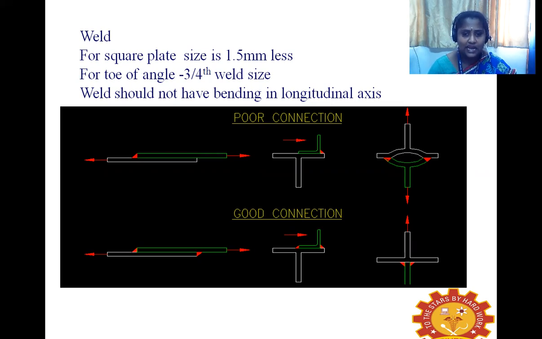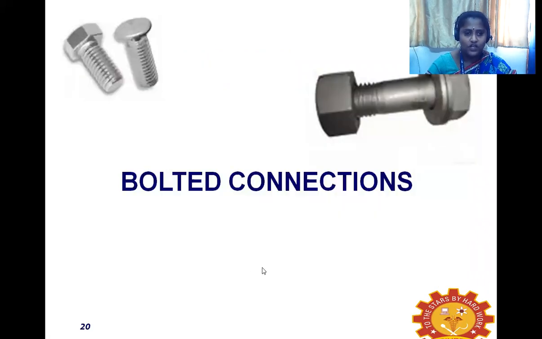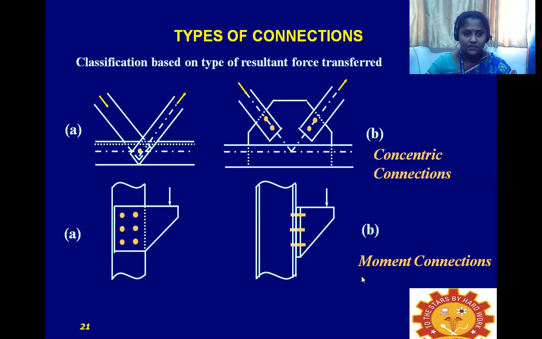The red hatched portion is weld and the red arrow is force. You could see poor connection and good connection. In the case of poor connection, only one side is being welded, whereas in the case of good connections, both the sides are being welded.